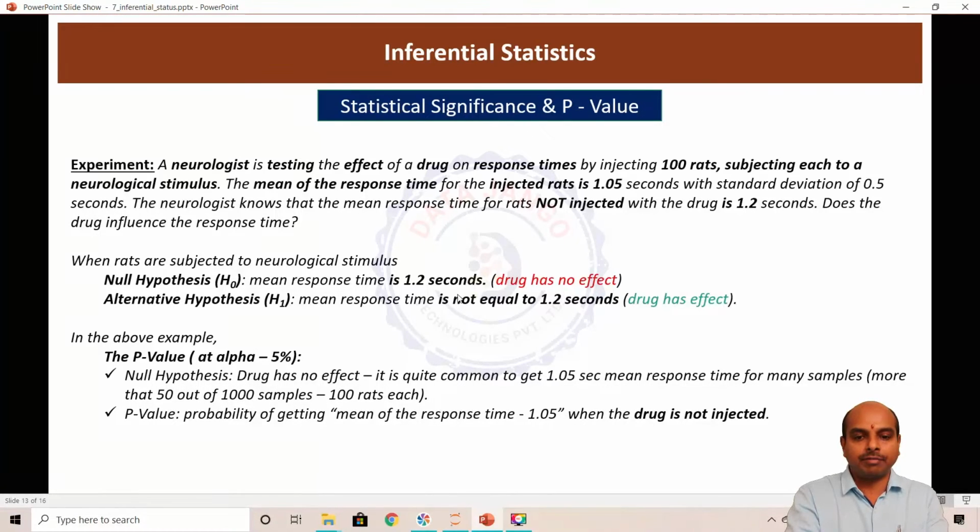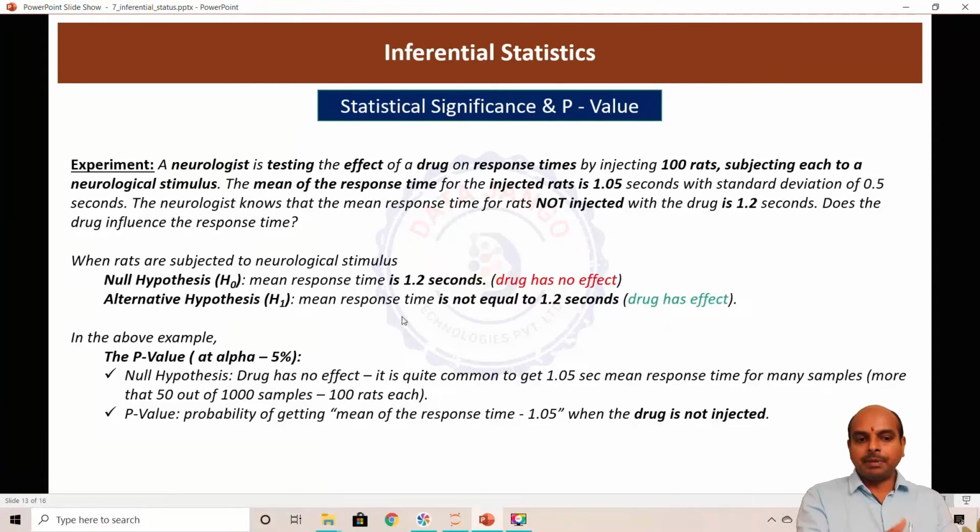So the drug has got no effect. If you say the mean response time is 1.2 seconds or the drug has no effect, it is one and the same. So the null hypothesis is the historically accepted fact, and the alternate hypothesis is that it is not equal to 1.2 seconds. It can be less, it can be more. So the alternate hypothesis is always opposite to the null hypothesis.